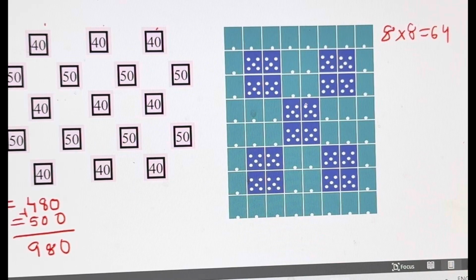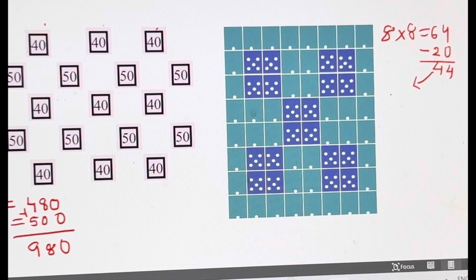Dots should be there, but in between there are these 4, 4, 4, 4, 4, that is 5 times 4 squares, the blue squares I am counting. So that is 20, and this will be removed from the single dots. So 64 minus 20 is 44. So we get 44 single dots.